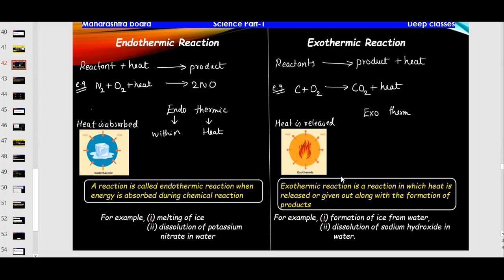Exothermic: thermic means heat, and exo means out. That means the heat is released outside. Here heat is absorbed. In simple language we can understand the meaning of endothermic and exothermic reaction. Let us discuss more about this.